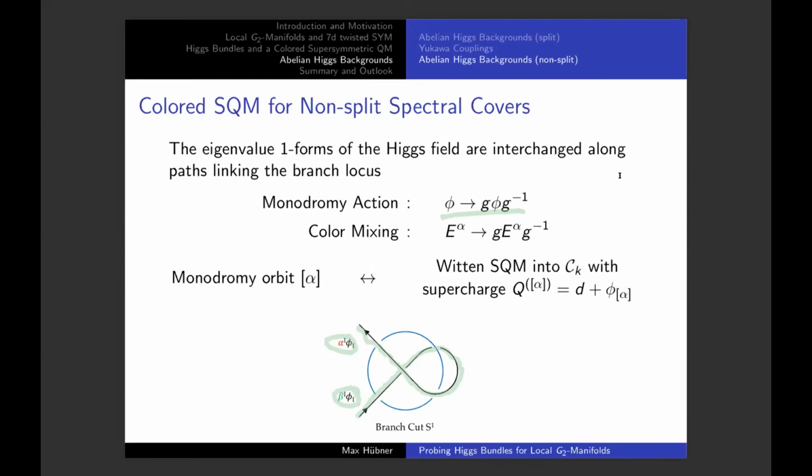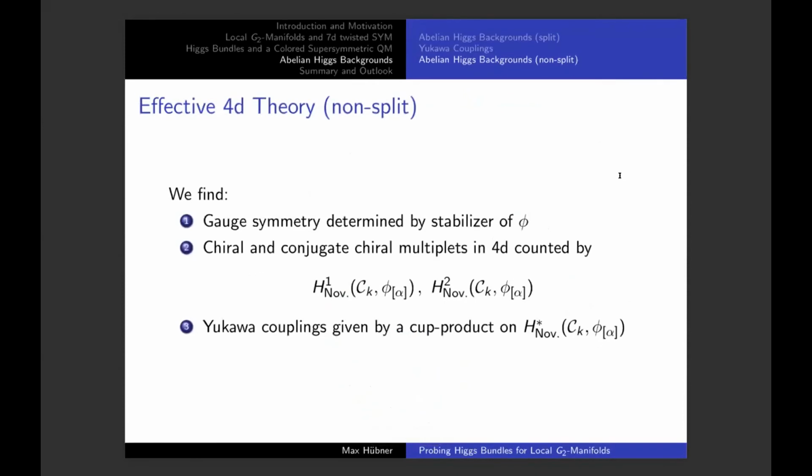So what one sees is that time evolution does not preserve color, and the splitting of one-particle sectors like we had it before needs to be refined, and the refinement is the following. One now finds a copy of Witten's SQM for every monodromy orbit in the Lie algebra, and this SQM maps into a space which is topologically a component of the spectral cover with a supercharge which follows from a gluing construction. So one again works a bit harder, and then one finds that the effective four-dimensional physics is determined the following way.